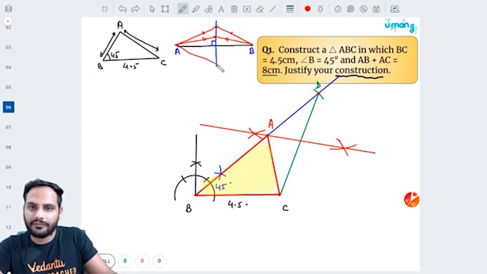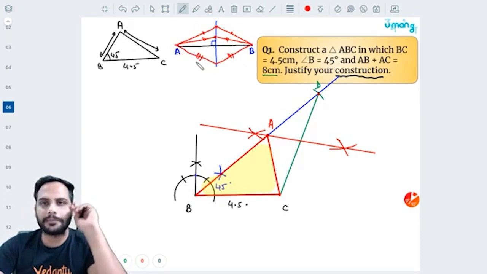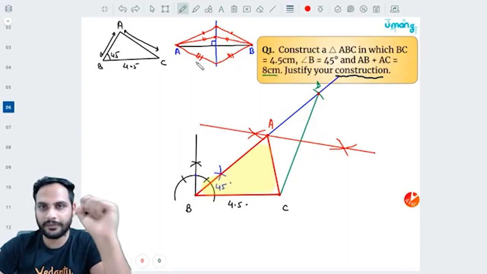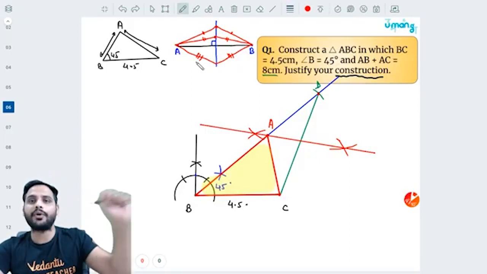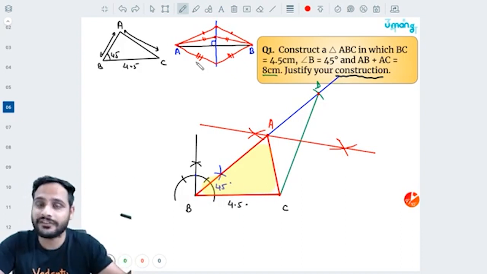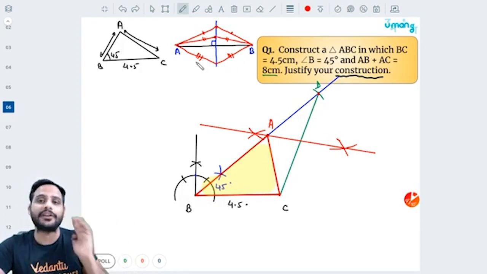If I take one point over here like this also, then also this and this will be equal. So for any line, if you draw the perpendicular bisector, any point on that line will be at equal distances from the end points of that line.